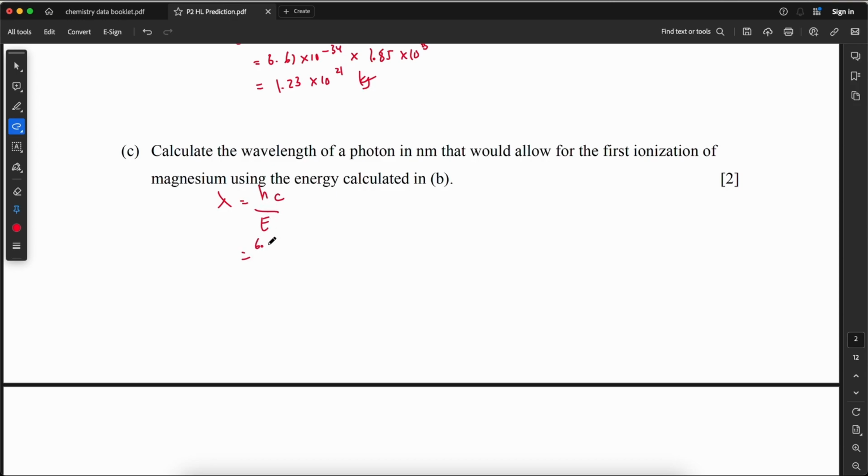Planck constant 6.63 times 10 to the power negative 34, times speed of light 3 times 10 to the power 8, divided by the energy, 1.23 times 10 to the power negative 18. That would be 1.62 times 10 to the power negative 7 meter. So when you convert it to nanometer, that would be 162 nanometer.